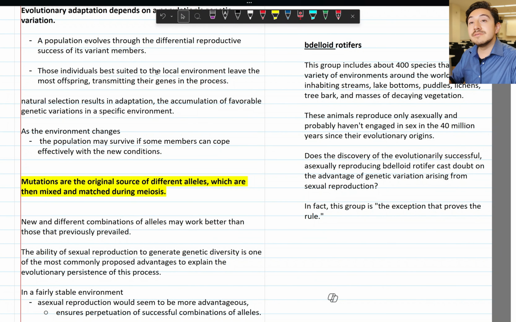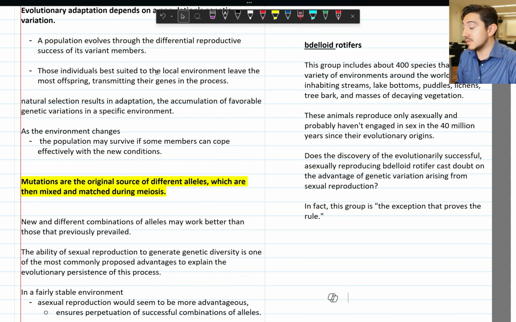Each individual that is best suited for the local environment will leave the most offspring because they have the better traits. And if they have the better traits, they will pass down those traits to the offspring, which will then produce their own offspring, and so forth and so forth. And then that's ultimately the idea of surviving natural selection, adapting, and evolving, okay, at a more macro scale.